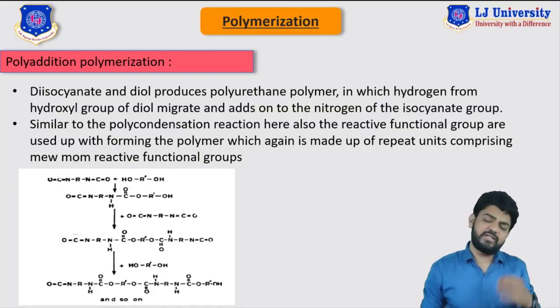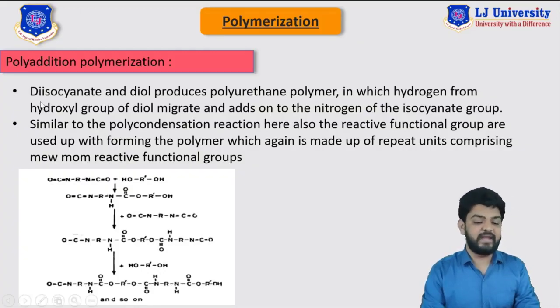So we are considering the example of this diisocyanide and diol. You can see here, this is the diisocyanide. Here you can see that this is NC, that is a cyanide, and here we also have NC. And at the center we have one R, that is nothing but your carbon hydrogen chain. So NC and NC are at the ends, and in the center we have one carbon hydrogen chain.